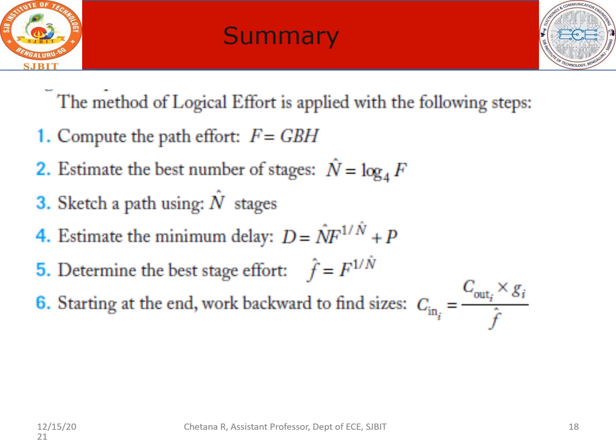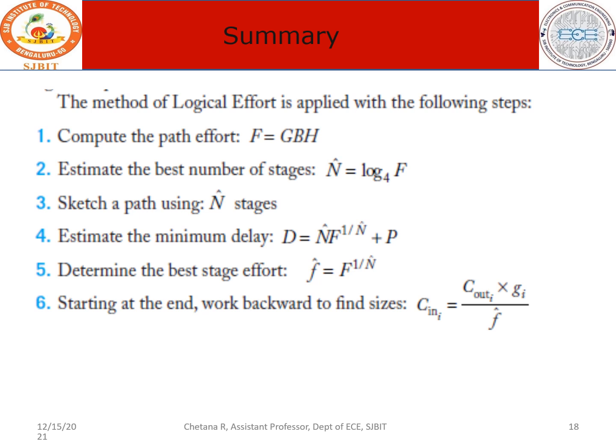The summary of logical effort is: the path effort is calculated using the formula F equals GBH, and the best number of stages is calculated as n equals log base 4 of F. Sketch the path, and the delay is calculated using the formula n into F raised to the power 1 by n, plus P. The best stage effort is calculated using lowercase f equals capital F raised to 1 by n. Starting at the end, work backward to find the sizes.